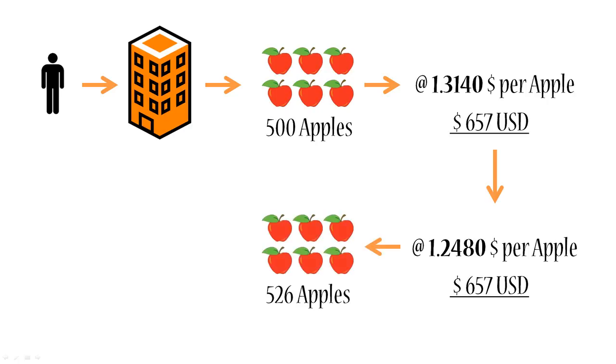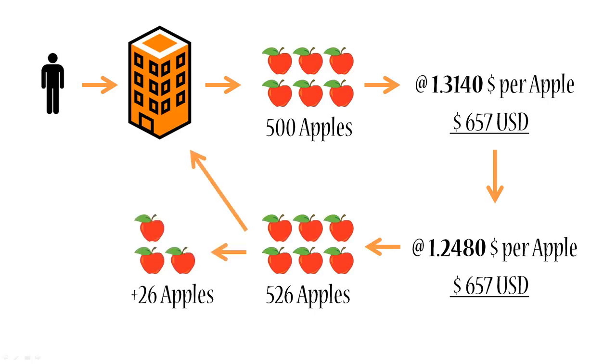Now with your $657, you can buy 526 apples. So as you remember, you still have to return 500 apples to your broker, and that's exactly what you do. You return 500 to the broker, and that means you still have 26 apples of profit in your hands. Because of this transaction, you're left with an extra 26 apples.